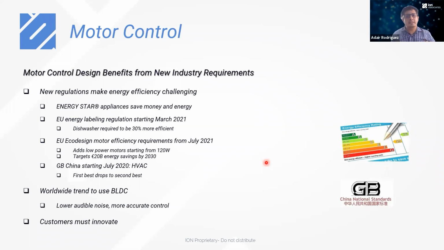We also will see new kinds of motors, or some motors that were not commonly used in this technology, like BLDC motors, that can be controlled by new electronics. We can implement a better algorithm. We can implement some new technologies, also silicon carbide and GaN, to reduce the size and improve the efficiency in order to comply with the industry's requirements.